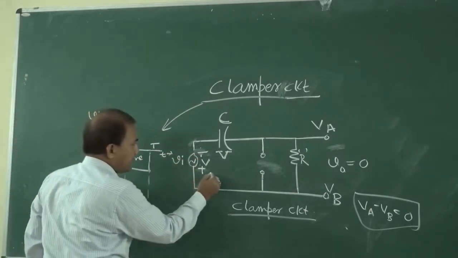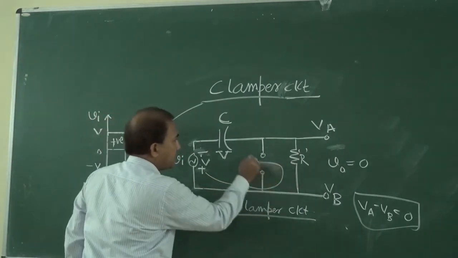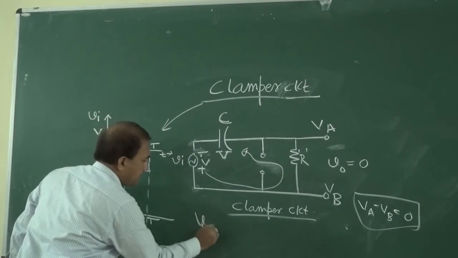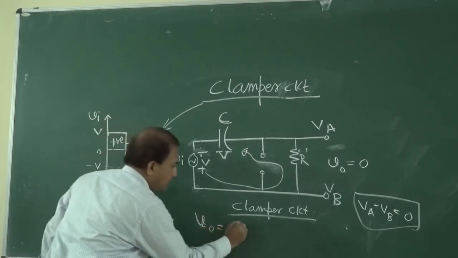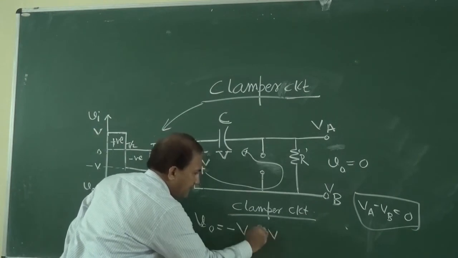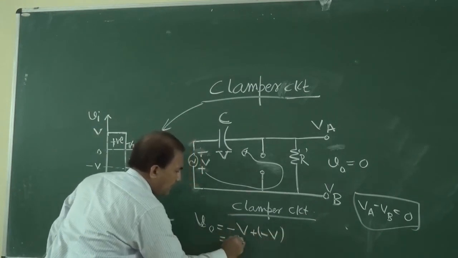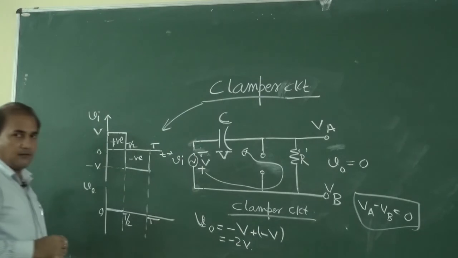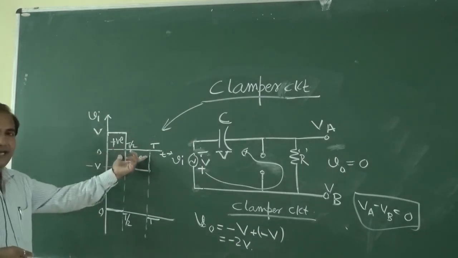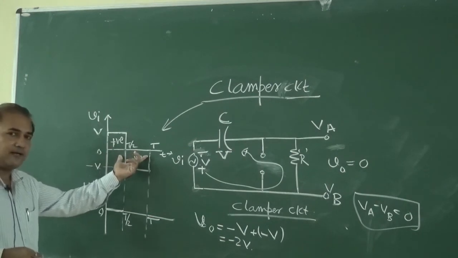So V output is equal to minus V plus minus V, which is equal to minus 2V. V output during the negative half cycle will be minus 2V.